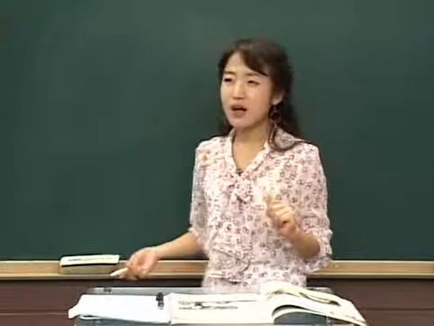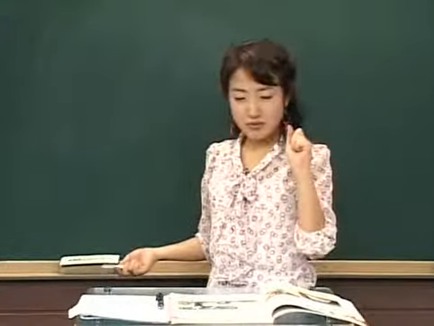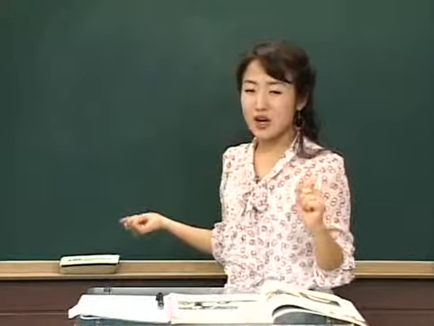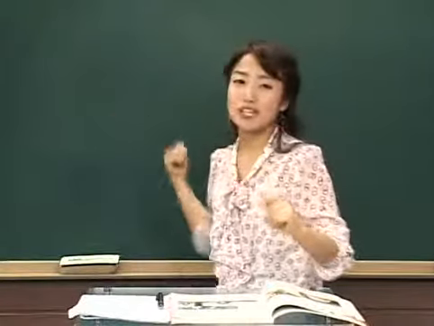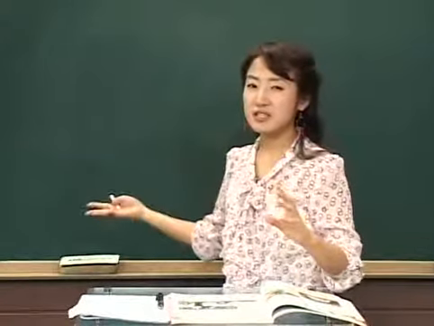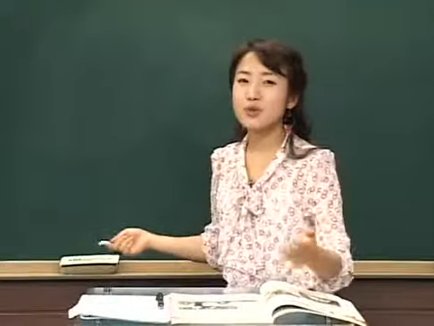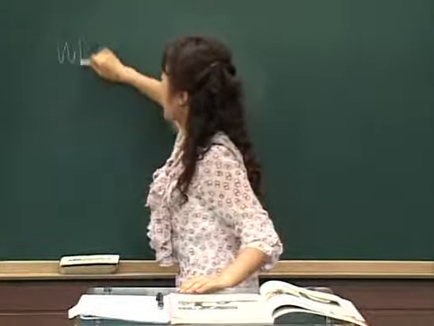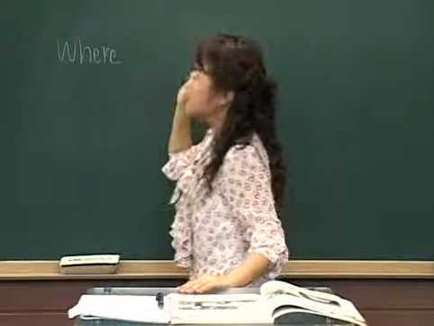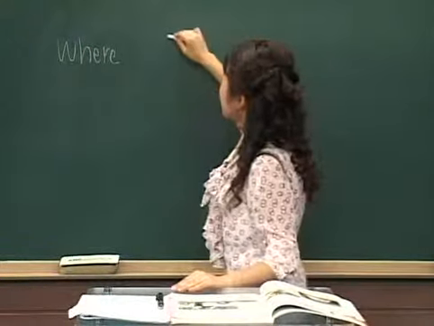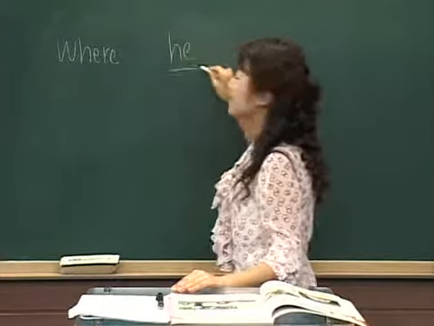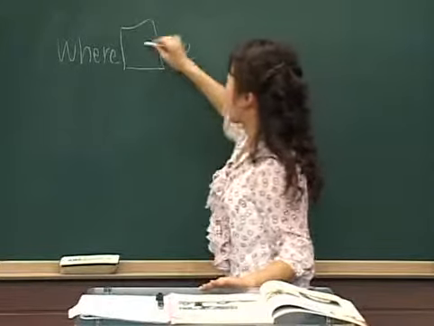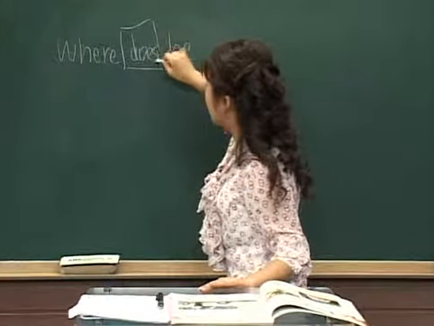For example, 그는 어디에 사니? It's like the first sentence, 그는 왕십리에 산다, but this time 그는 어디서 사니? So we have to use a WH question this time. Where, right? Since the subject is he, which is third person singular, it requires something here, and that is does.